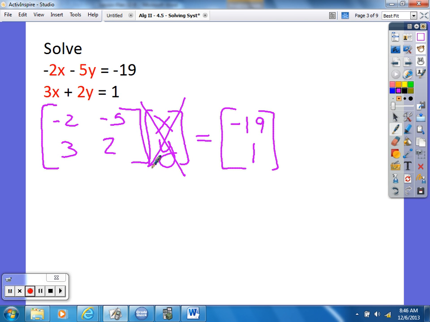I'm not adding anything here. How? What do I have to use in order to get that X by itself? Anna? Well, I can't subtract because there's no plus sign. I can't divide, remember, no dividing. Never. Yes, that's it. Inverse.